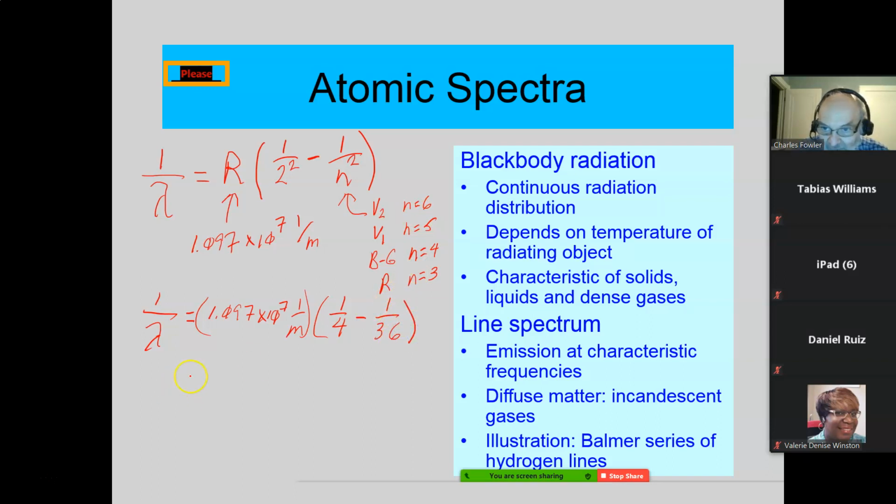Okay, now I can do some of that in my head, I mean on paper here. 1.097 times 10 to the 7th per meter. That's your unit. Least common denominator is 36, so this would be 9/36 minus 1/36.